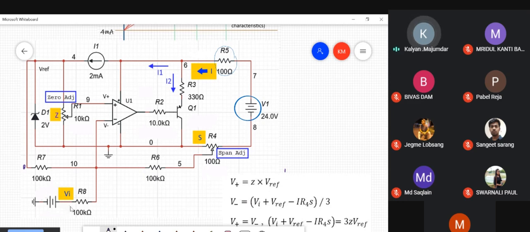Second is the input voltage, again through the resistance R8 connected to the input terminal. And third is another voltage which arrives from this particular point. We'll see what this voltage is. It is also connected through the resistance R6 to this point. So this inverting terminal receives three voltage components.